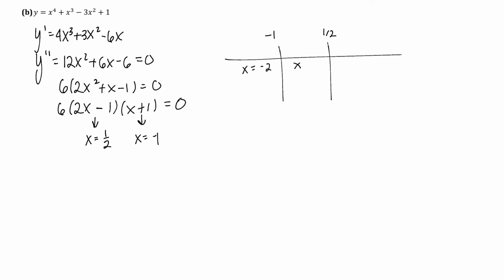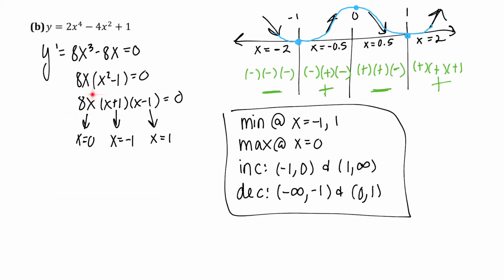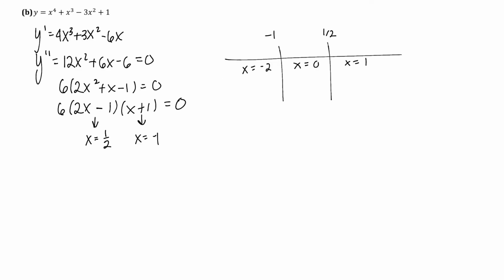Choosing test points. I don't need to plug it into the 6 because 6 is already positive, so we can just worry about these guys here. You only need to worry about plugging into this thing out front in the case where you have an x out front. But if it's just a constant like we have now, no x, you don't have to worry about plugging into it.